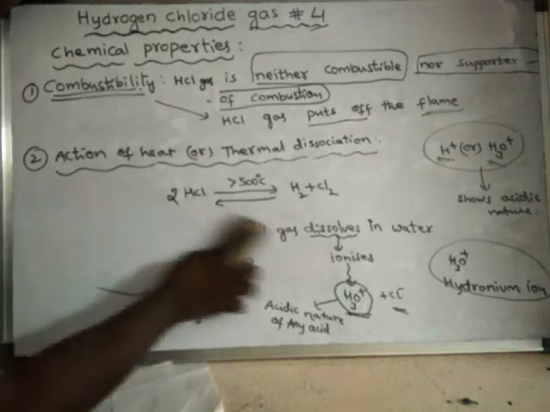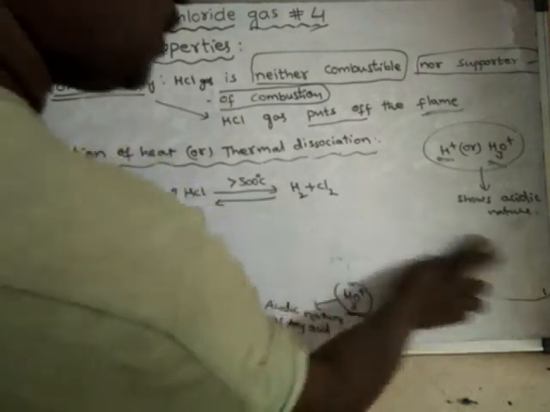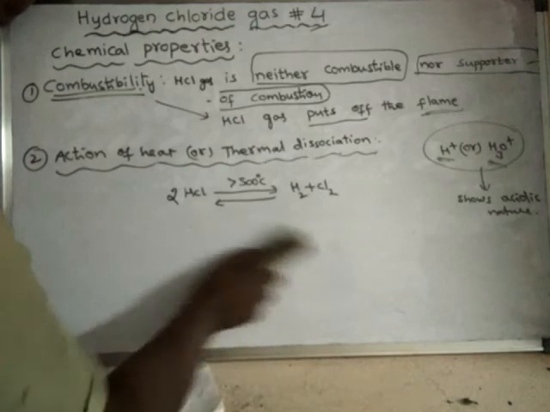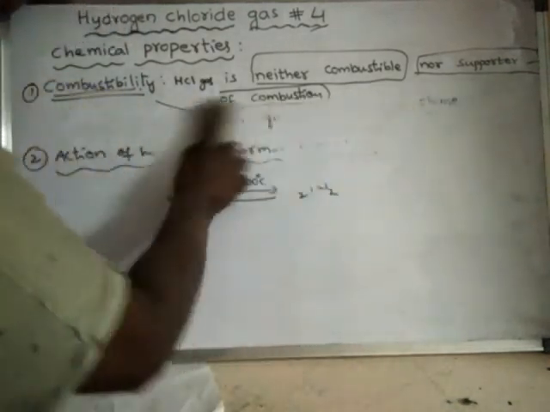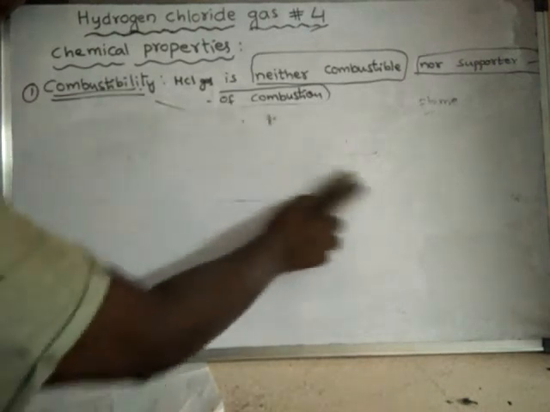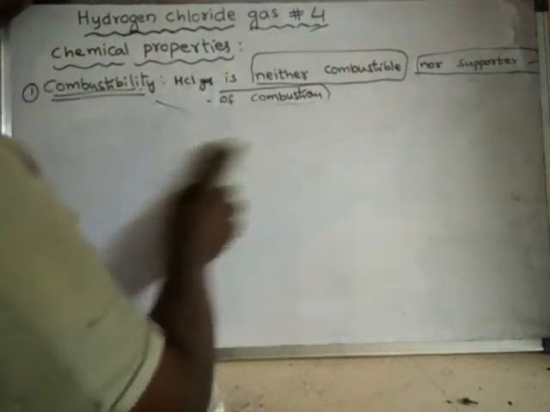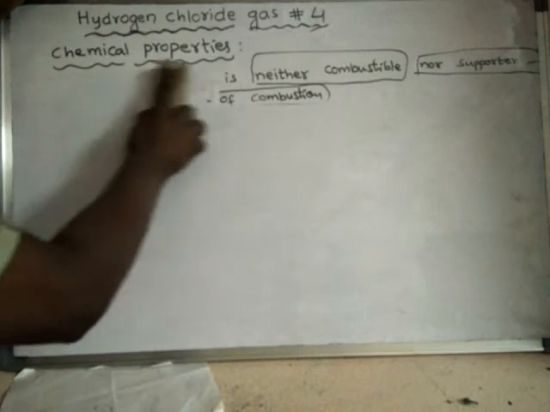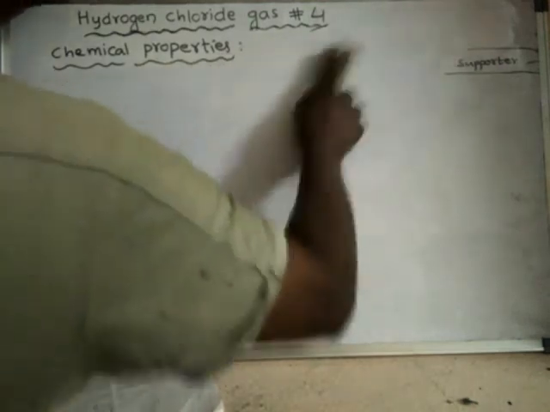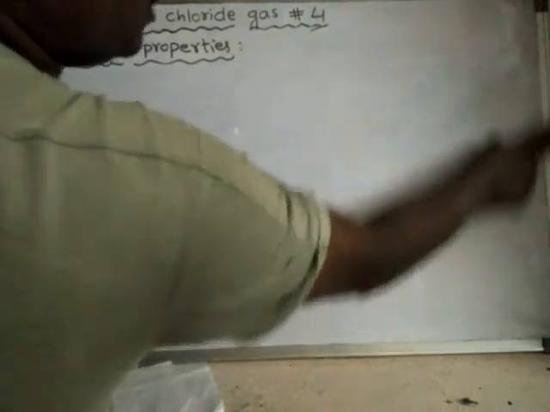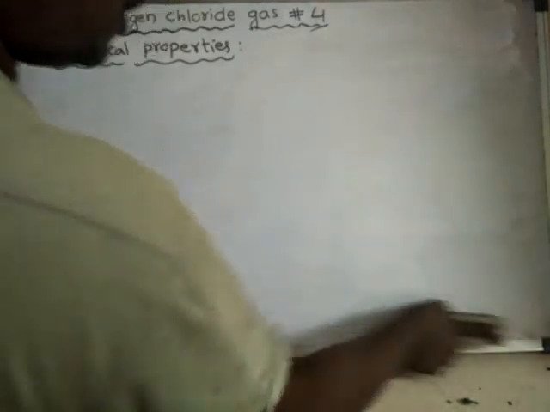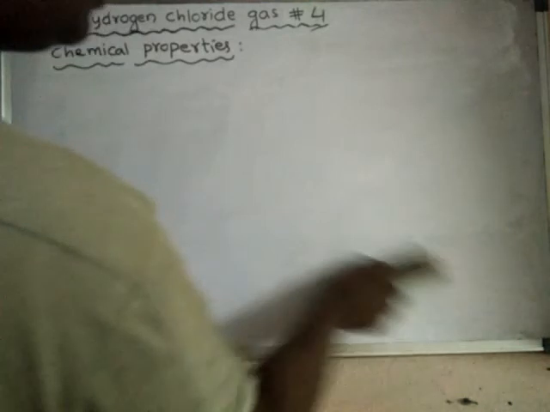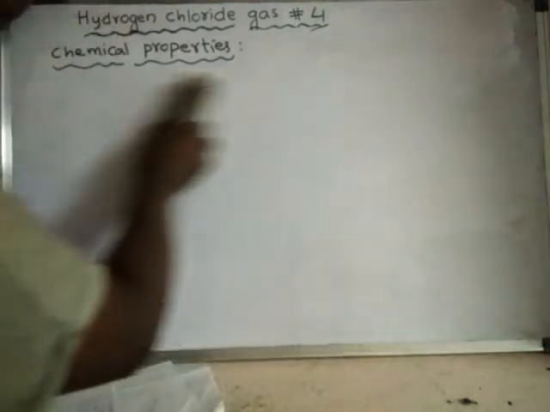Okay. Next chemical property is reaction with indicators. From this it is understood that dry HCl gas is not an acid, but when it comes into contact with water, it shows acidic nature due to the formation of H3O plus ions in it.